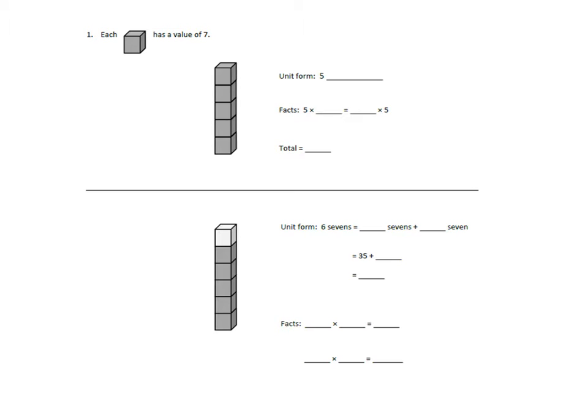It says each square has a value of 7. So the unit form is going to say 5 sevens.